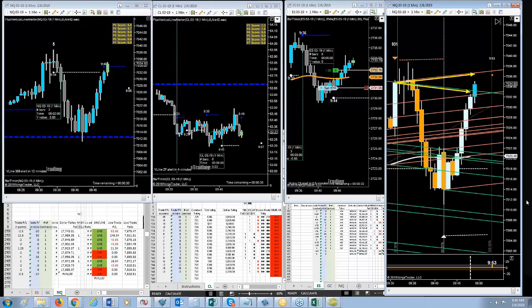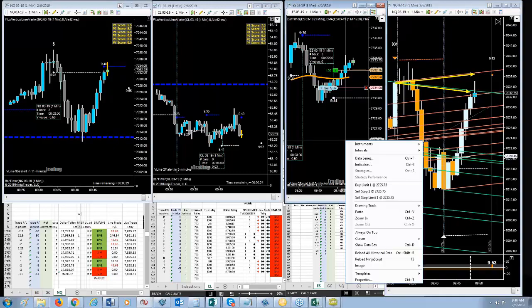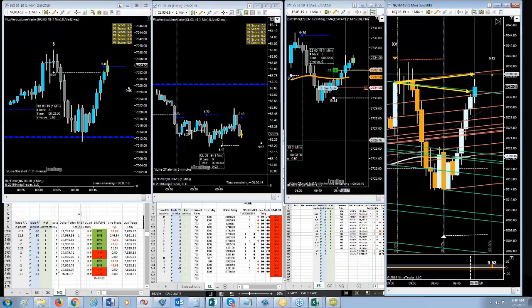Pretty good way to gauge risk reward, right? So if you're long on the NQ, you might want to consider an exit right around 70.36 half.